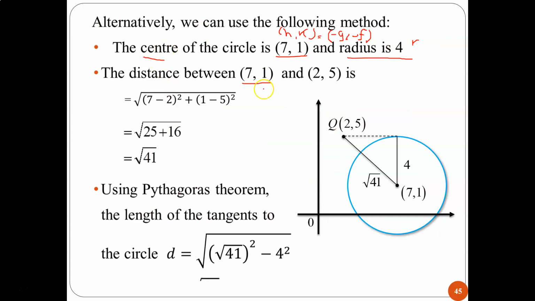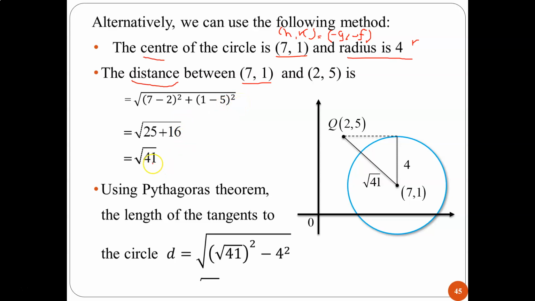So the distance between 7, 1 and 2, 5, this one is still for equation 1. It uses the distance formula. If you check back the straight line chapter, you have the formula for distance, which is the square root of (y2 minus y1) square plus (x2 minus x1) square.